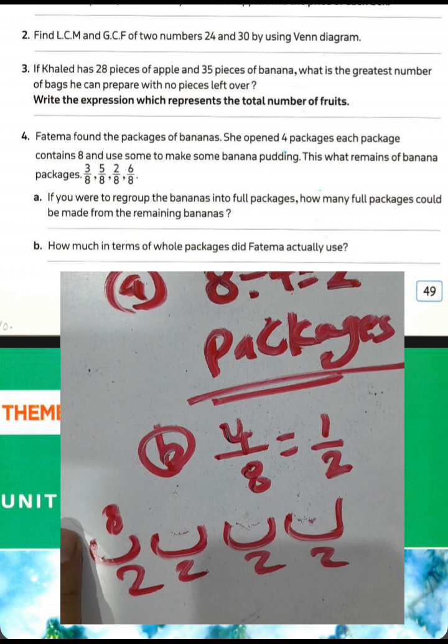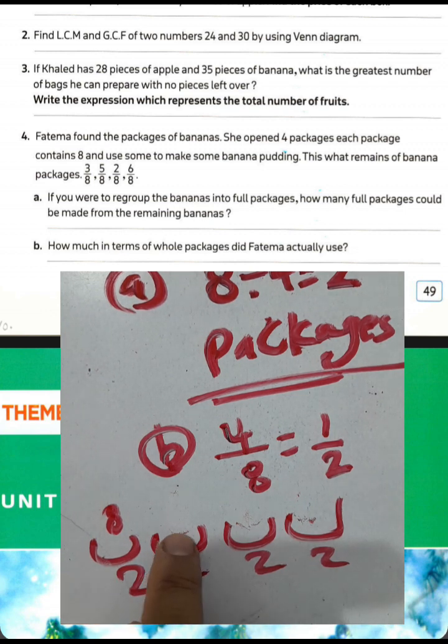Fatima found the package of banana. She opened the 4 packages, 1, 2, 3, 4, and she has 8 banana. 8 divided by 4 equals 2. Write 2 banana here, and 2, and 2, and 2. And letter B, how much in terms of whole packages did Fatima actually use?